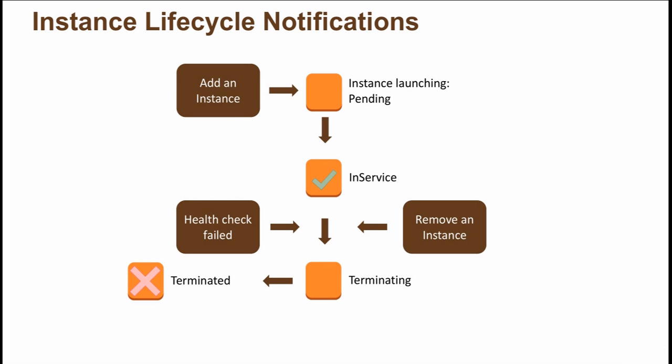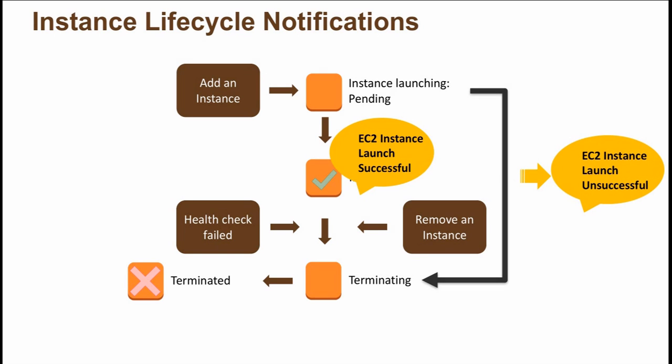Notifications are just what it says on the sign. As an instance goes from stage to stage, the autoscaling service sends notifications about what has happened. For example, once the instance is in service, it will tell you, hey, an EC2 instance launch has been successful. So that's good to know. Now you can add it to your monitoring system, or just happily see that the launch went well.